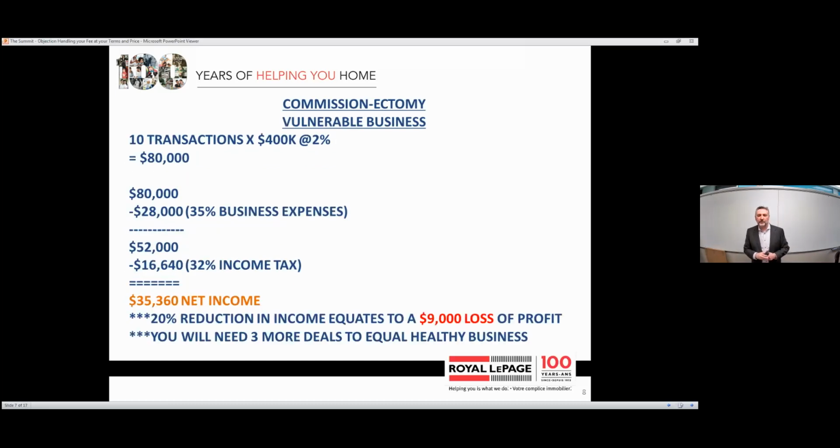And the vulnerable business is a business where instead of 5% as the total fee, we're now at 4.5% for the total fee. Again, we're doing 10 transactions, again at $400,000, and now at 2% rather than 2.5%. And so what we have there is $80,000 in what we would call gross commission income.